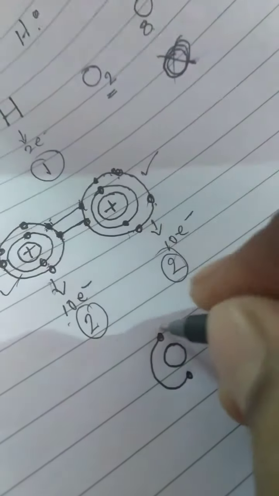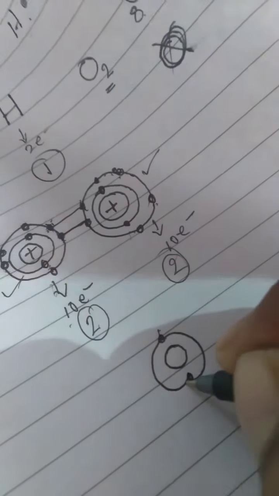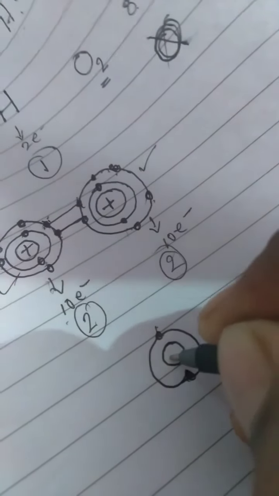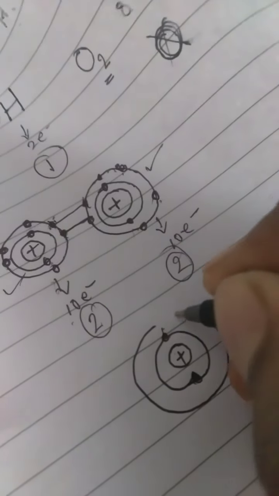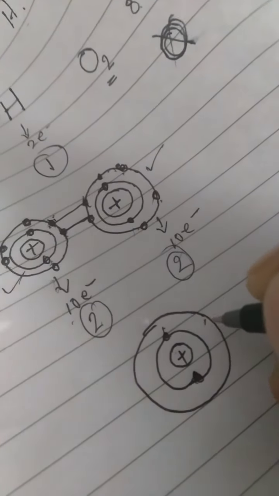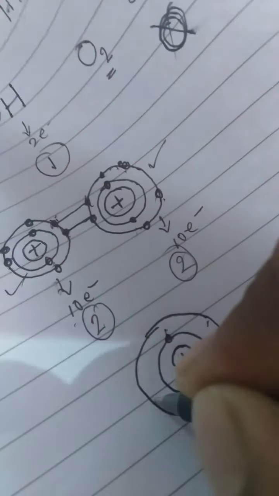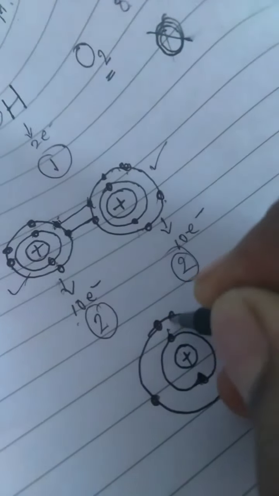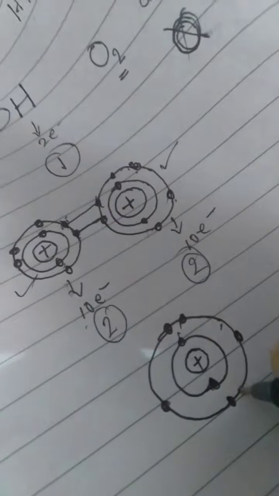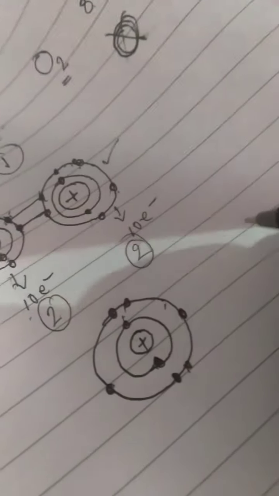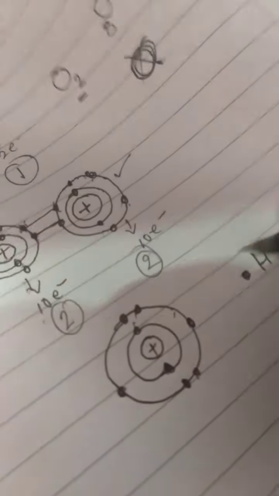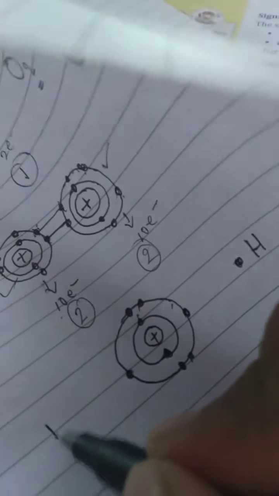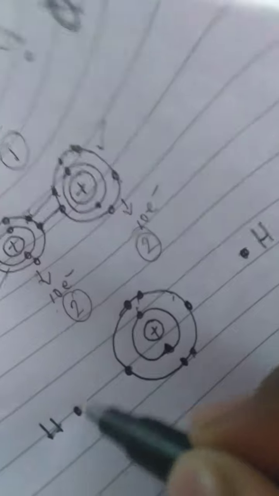Say this is the first orbit, and for oxygen I am drawing the second orbit like this, with 1, 2, 3, 4, 5, and 6. I am drawing the formula of water. This is hydrogen. One hydrogen has 1 electron. Another hydrogen I will draw here and mark another electron.